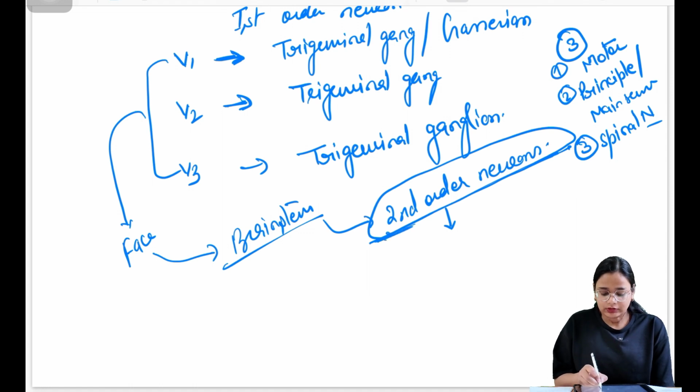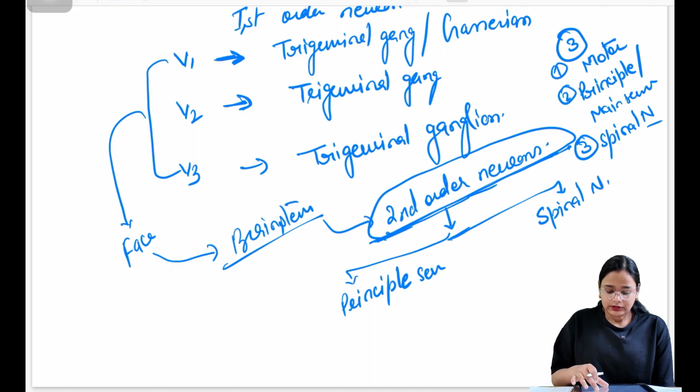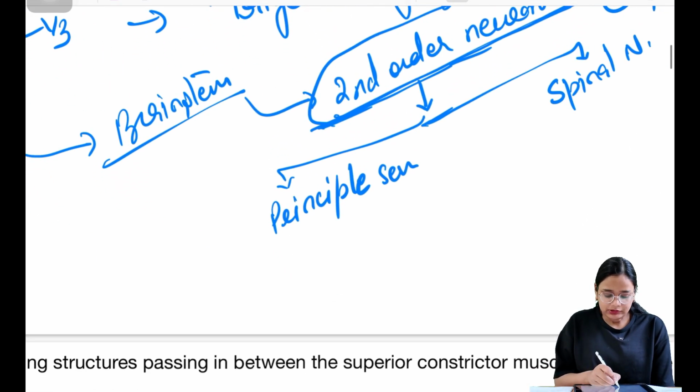So the second order neurons for sensory fibers can go either into the principal or main sensory nucleus, or into the spinal sensory nucleus. Okay, so you need to remember that the principal sensory nucleus receives fibers from all parts, V1, V2 and V3.